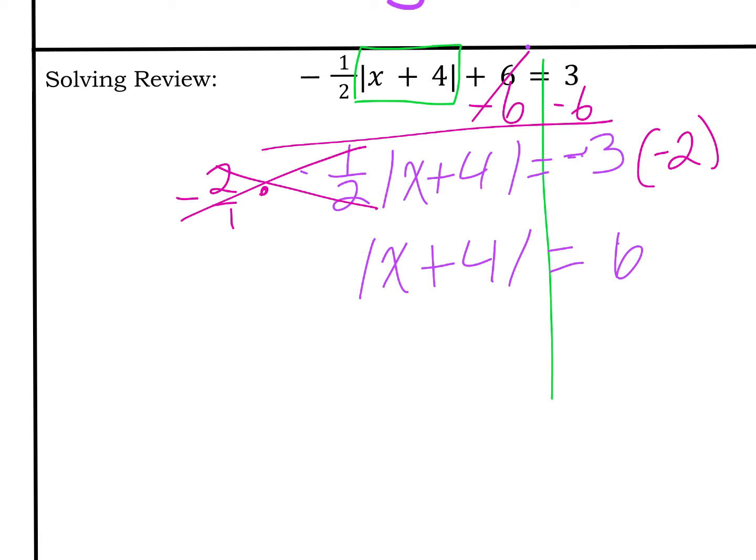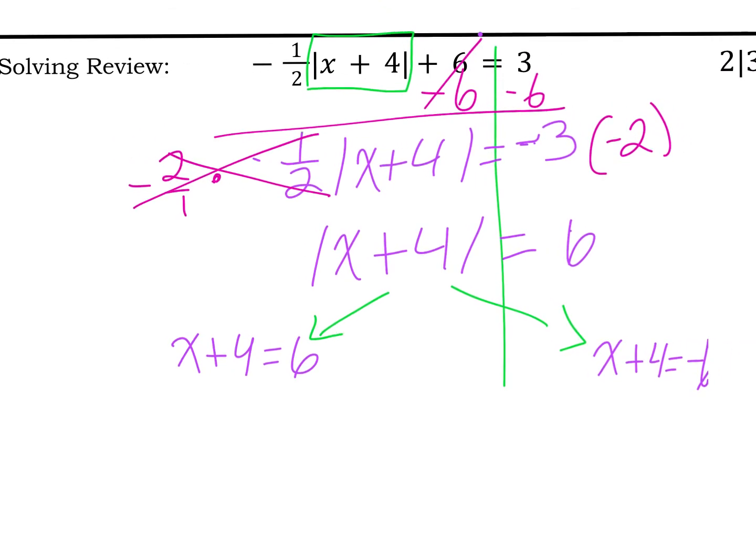All right. From here, you have your 2 cases. One where it is just x plus 4 equals 6, and your other where it is x plus 4 equals negative 6. So now we get to solve both sides to see what x is equal to.